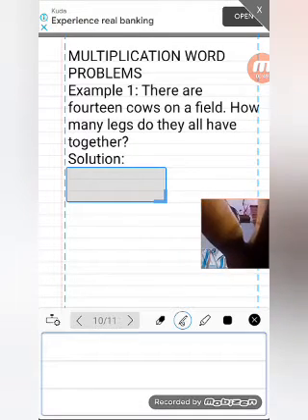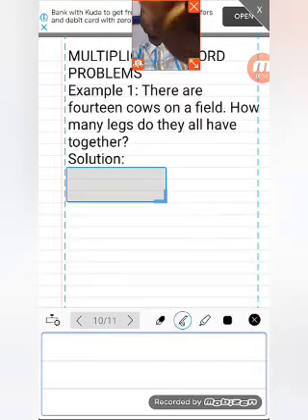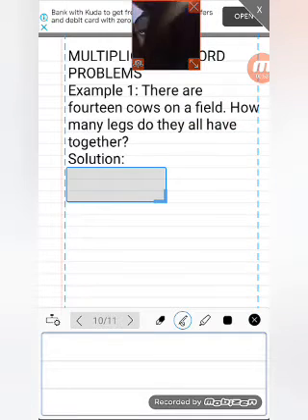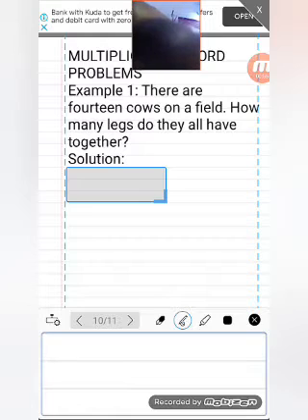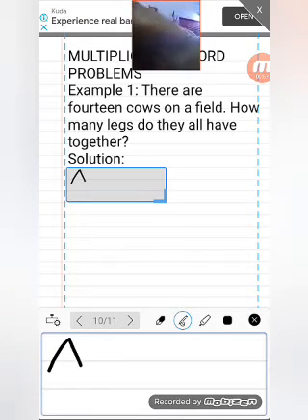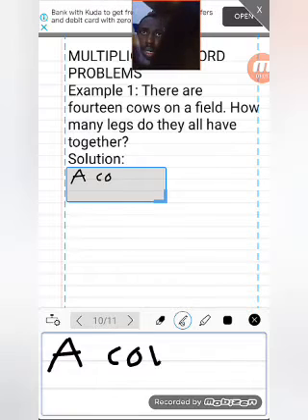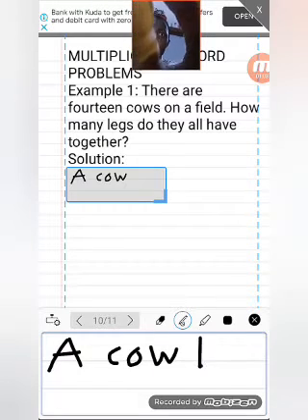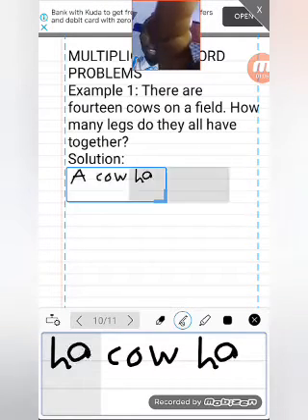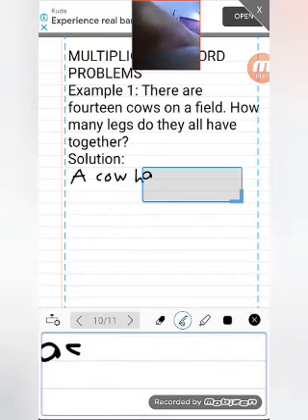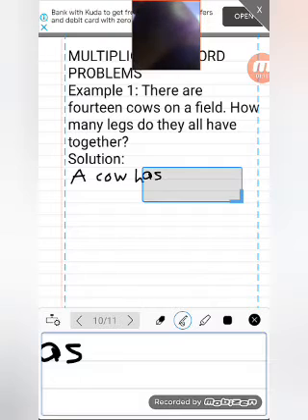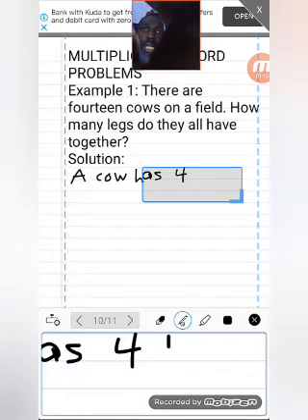So there are things we ought to note. Now, a cow has 4 legs.